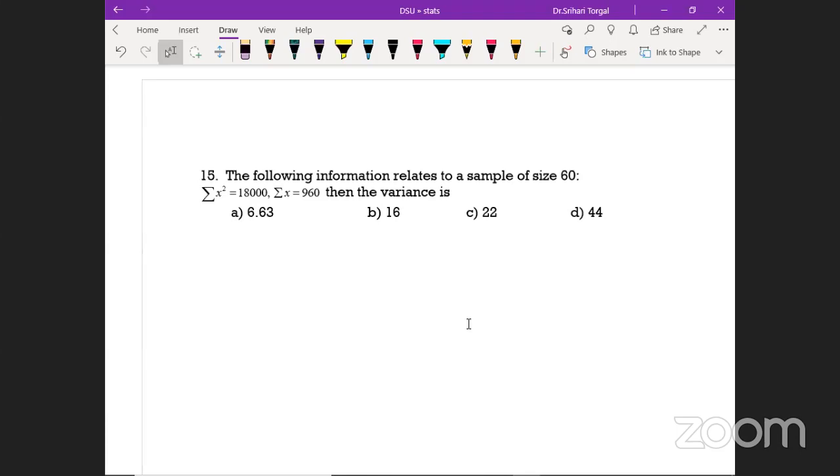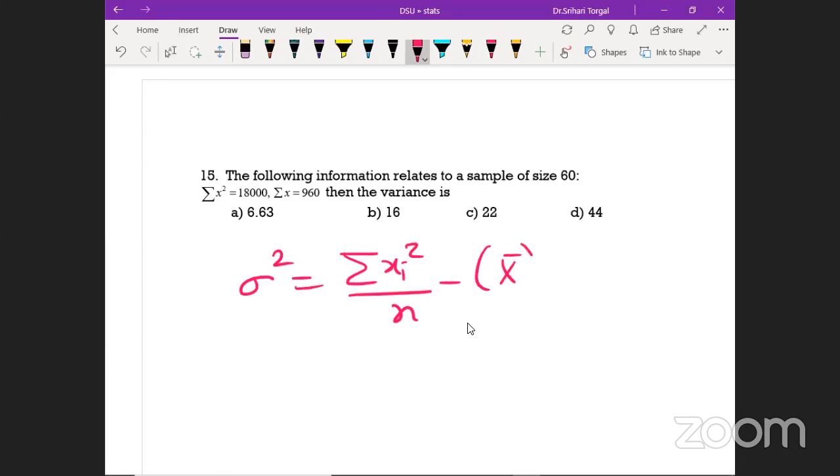Apply the formula that I have suggested: sigma square is equal to sigma xi square divided by n minus x bar whole square, right? Or I'll tell you one more technique: you can write this x bar as sigma xi by n. Both are the same, because it is the sum of all the data divided by the number of elements.